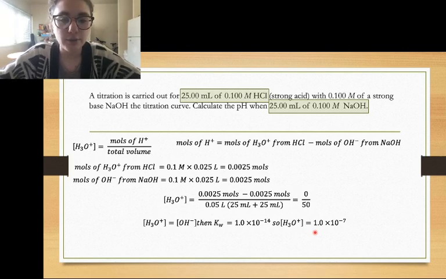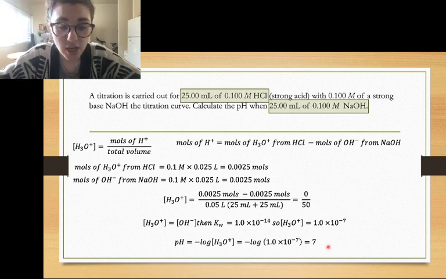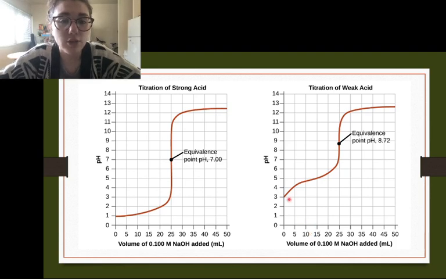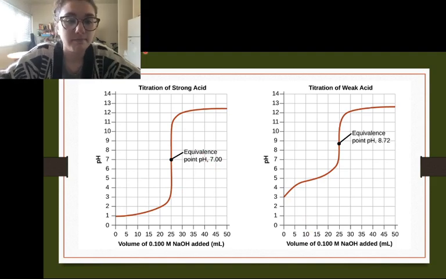Then I take the negative log of the concentration of hydronium to get my pH. This should look very familiar, because if I go back to my graph, that's where I expected my equivalence point to be. So that makes good sense to me.